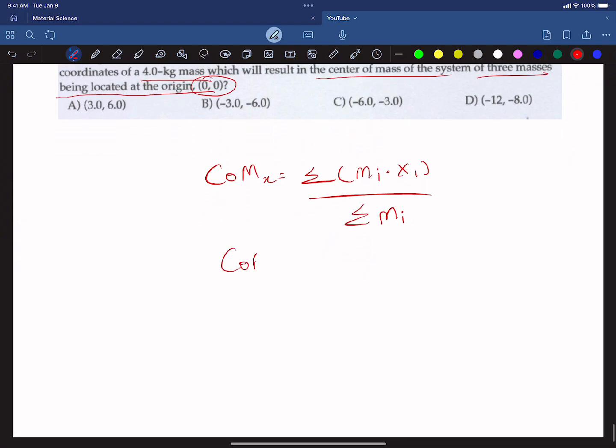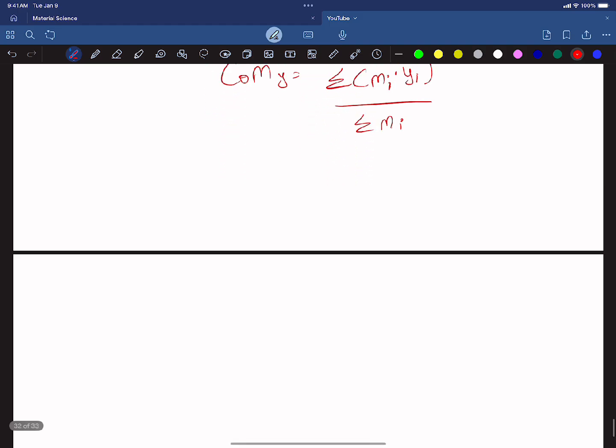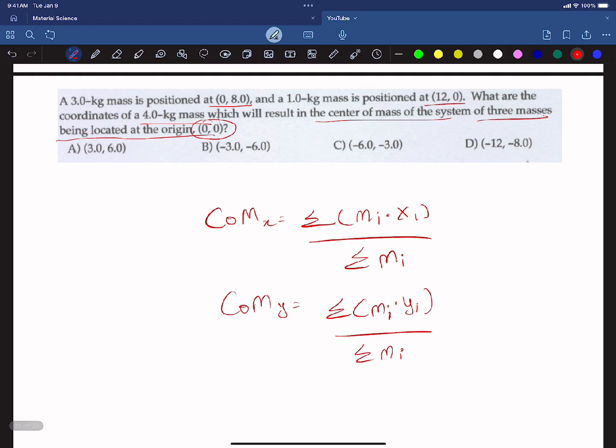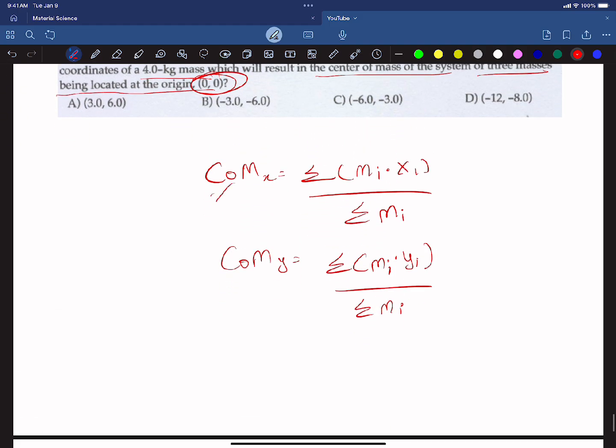and same for y, the summation of all masses times y divided by the summation of all masses. As they said, the center of mass is at the origin, so we can say this is equal to 0 and this is equal to 0.